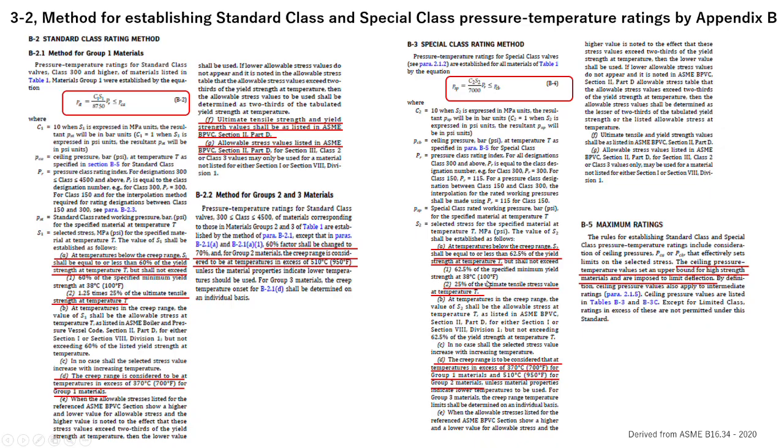So for standard class, it is 60% of the yield, but for special class, 62.5% of the yield strength.